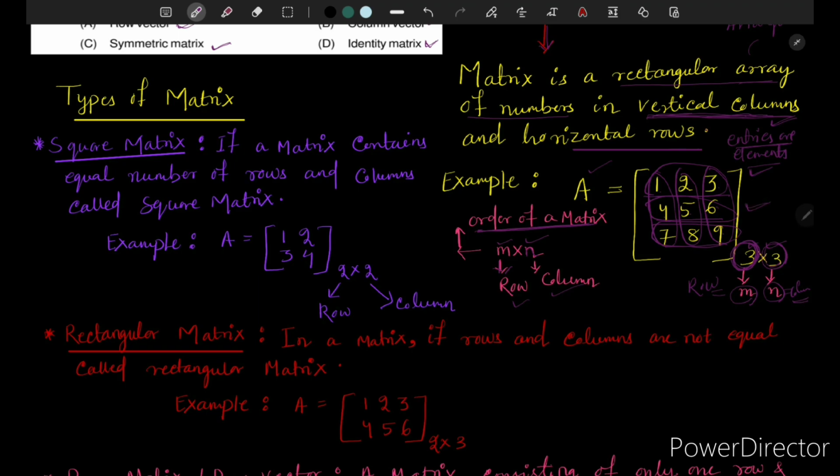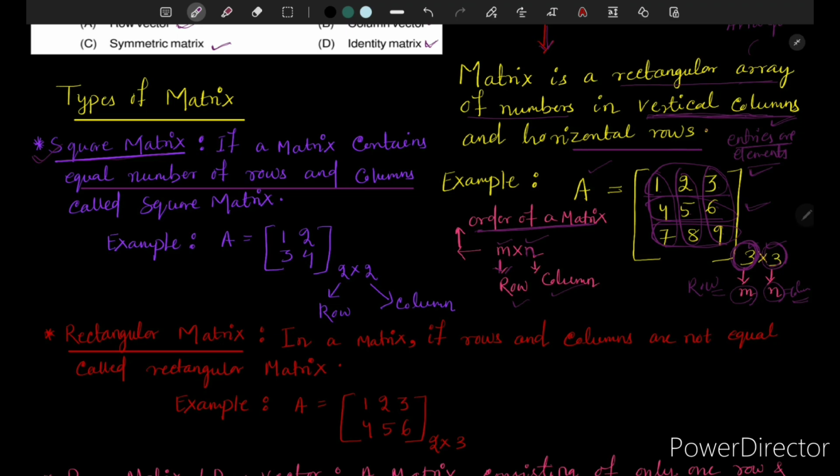So let's come to the types of matrix. The first type of matrix is a square matrix. So what is a square matrix? If we have an equal number of rows and columns in a matrix, then we call it a square matrix.